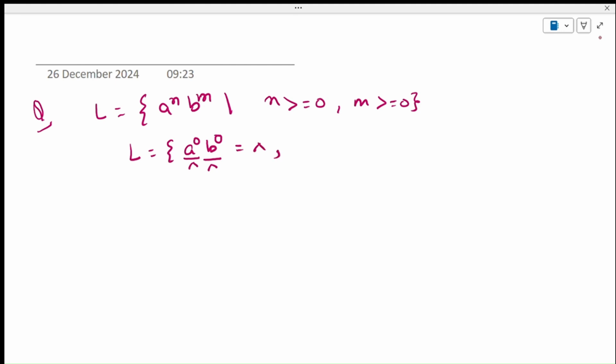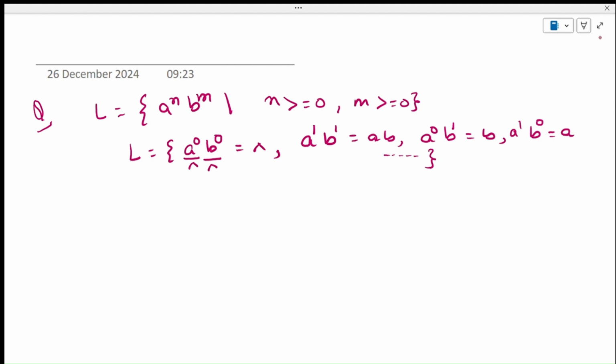Similarly, if I have n equal to 1, m equal to 1, so AB. If I have n equal to 0, m equal to 1, so I'll get B. Similarly, if I have n equal to 1 and m equal to 0, so I get A. And so on, we will have patterns of strings of the form A raised to the power n, B raised to the power m.